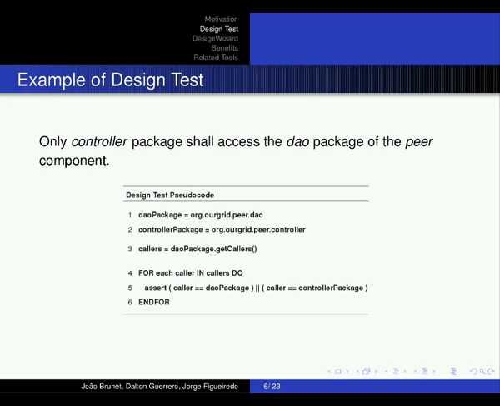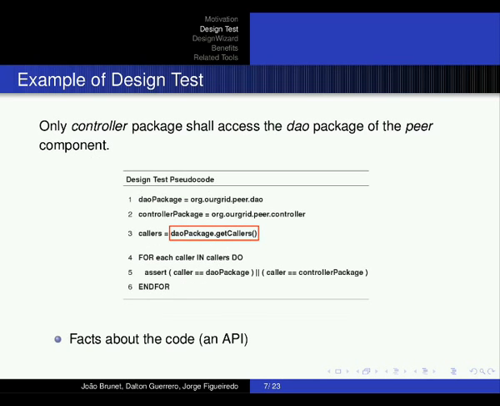So, the leader of our grid came to us and specified the following design rule. Only controller package shall access the DAO package of the peer component. So what do I need to compose a design test for this rule? First, I will need information about the code, such as who is calling DAO package. This information is called facts about the code.